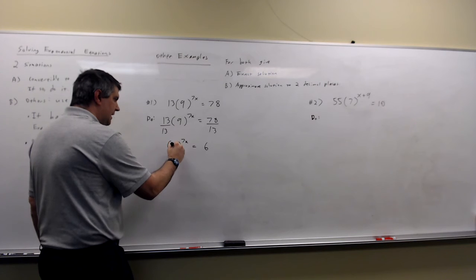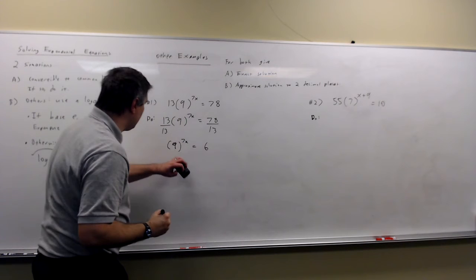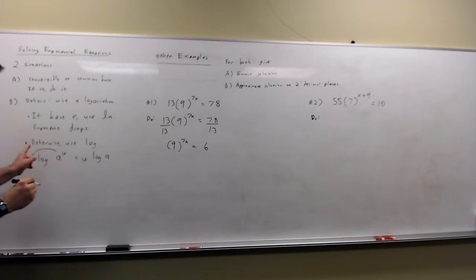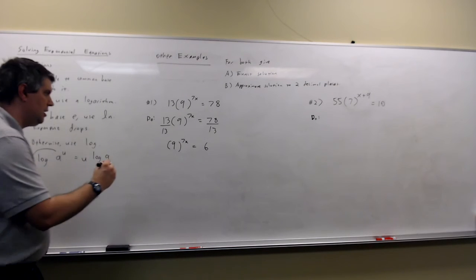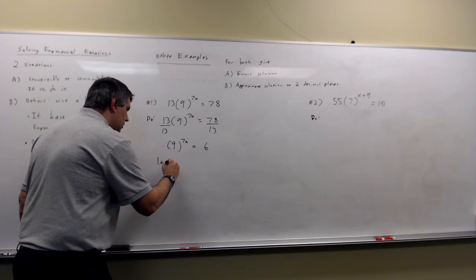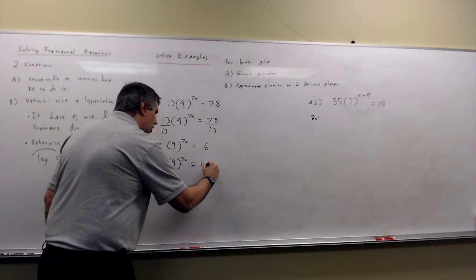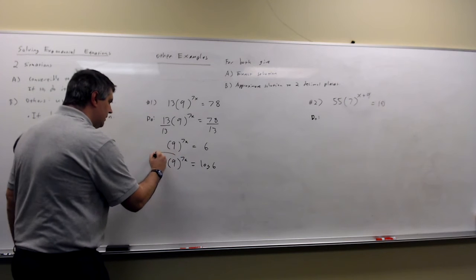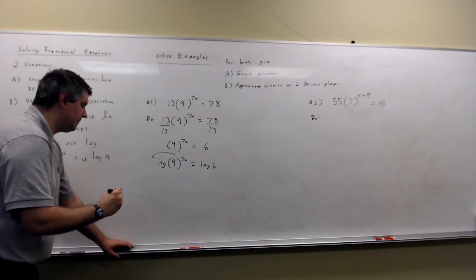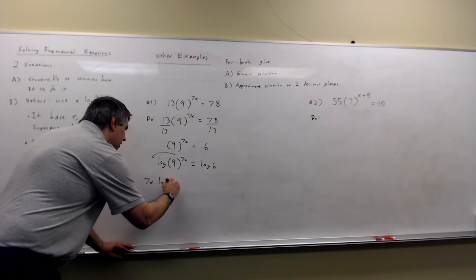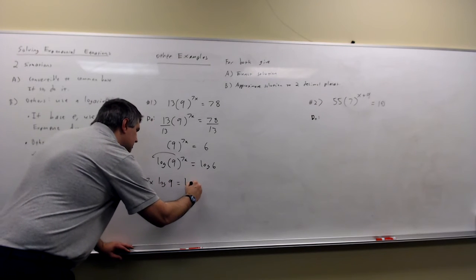Now 9 and 6 are not rewritable in terms of a common base. So we'll use the common logarithm. So I'll take the logarithm: log of 9 to the 7x power equals log of 6. That allows me to take the 7x to the front. So I'll have 7x log 9 equals log of 6.